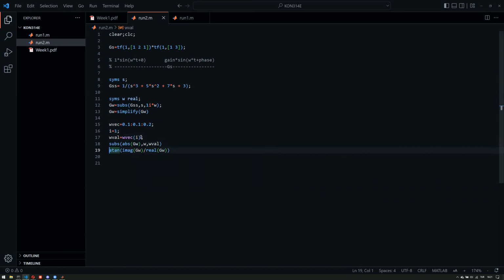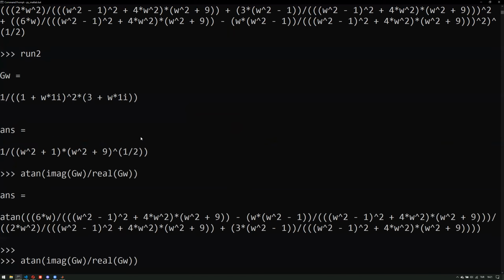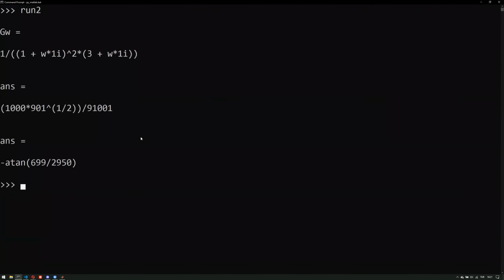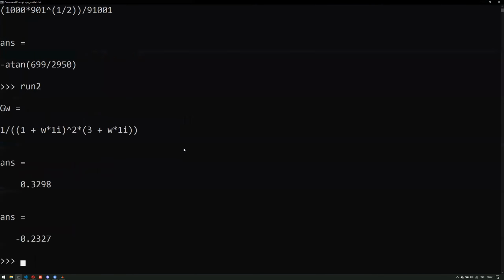So now if we do the same to this one here, there we go. Now we get some numbers finally, but of course we might want to turn them into double values in order to be able to read them better. There we go.